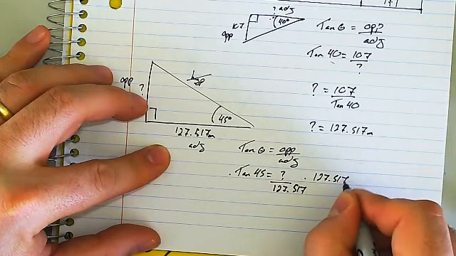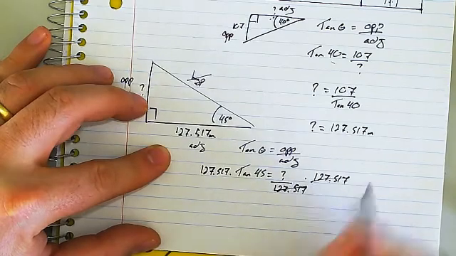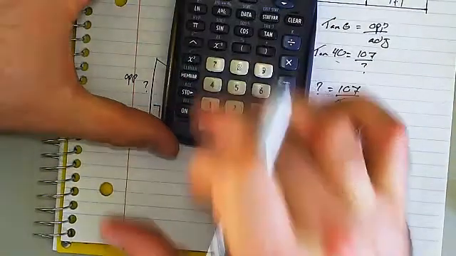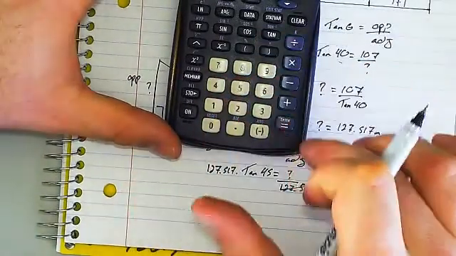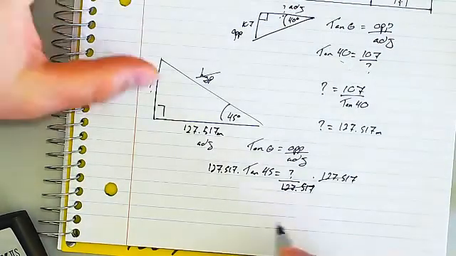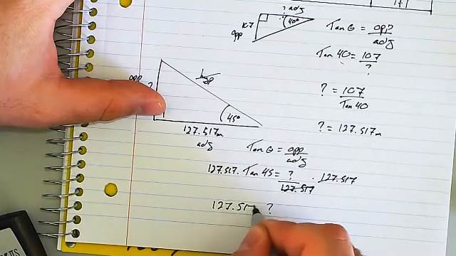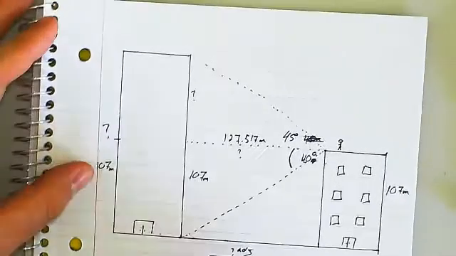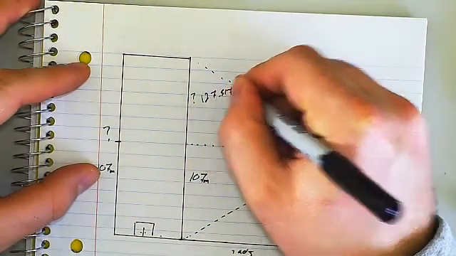We are going to times both sides by 127.517 to get our unknown by itself, and we're going to plug that into a calculator. 127.517 times tan of 45, which should equal just 1, so this actually turns into 127.517 meters.